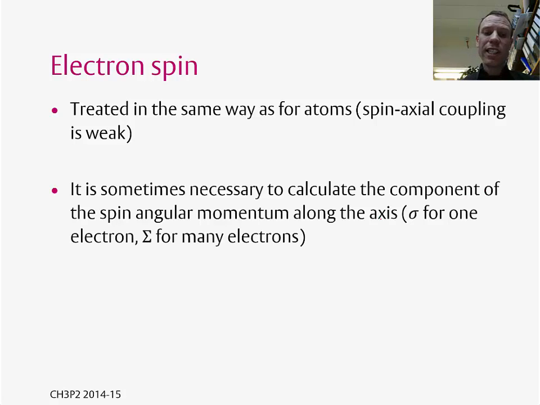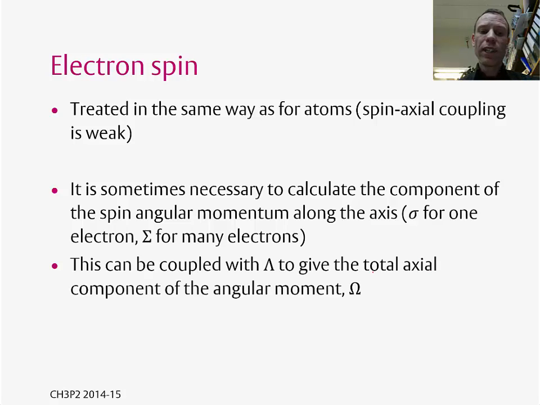But occasionally it's necessary to calculate the component of the spin angular momentum along this axis, and then we end up with a quantum number sigma for one electron, little sigma, sorry, and then capital sigma for many electrons. We can then couple our lambda with our sigma to give us our total axial component of the angular momentum, omega.